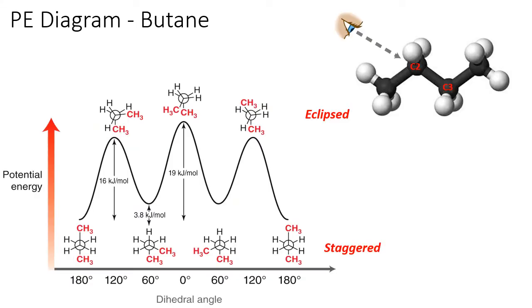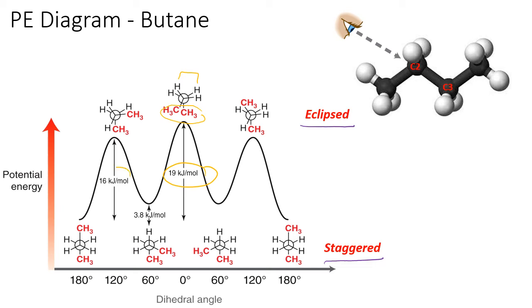And if we analyze the potential energy diagram for butane, looking down the C2-C3 bond, we can see we have some eclipsed conformations that could be possible, and some staggered conformations, with the staggered conformations always being lower in energy than all of the possible eclipsed conformations. So notice that at the energy height, that's our maximum there, 19 kilojoules per mole. That represents our least stable Newman projection, where those two methyl groups are directly on top of each other.